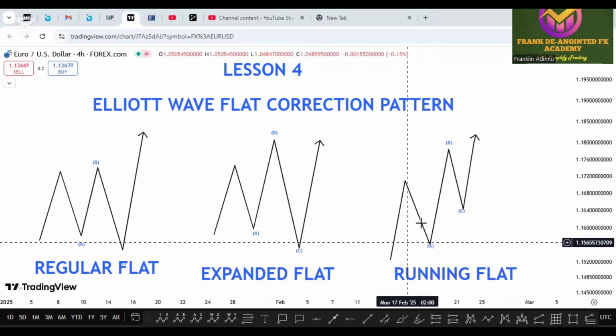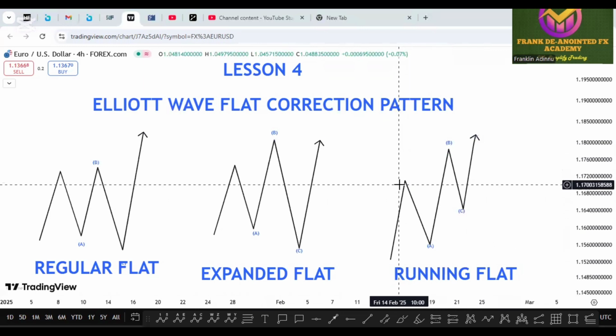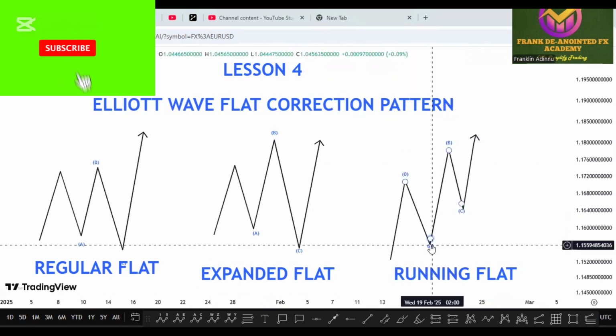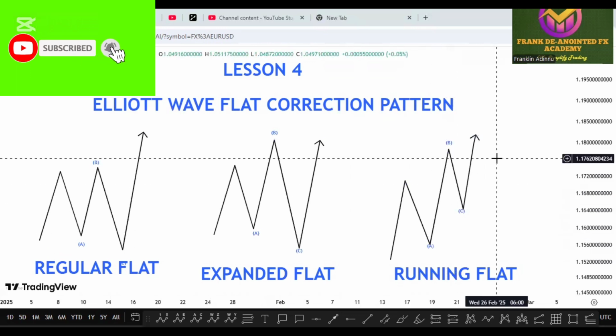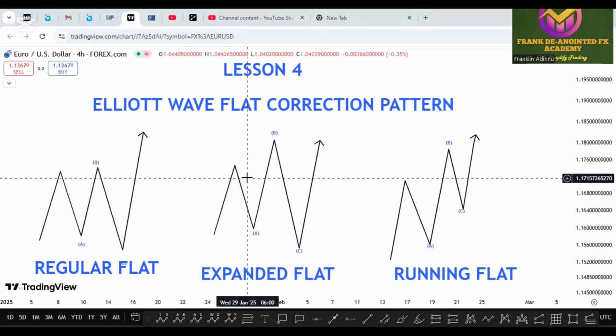Then running flats: wave A comes, wave B breaks above the start of wave A, and the wave C could not come below, cannot break below wave A. So those are the three basic flat patterns. I hope you understand, guys.